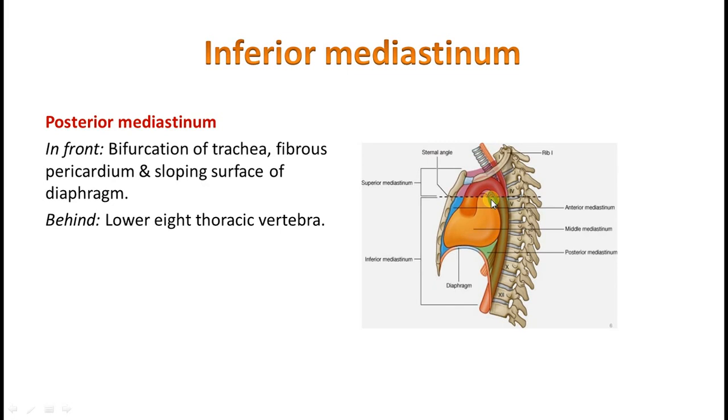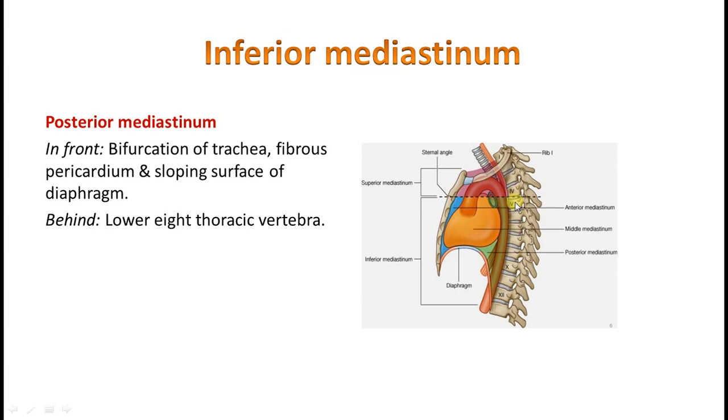So here you are able to see the anterior wall of the inferior mediastinum: the bifurcation of the trachea, the posterior surface of the fibrous pericardium, and the posterior sloping surface of the diaphragm.